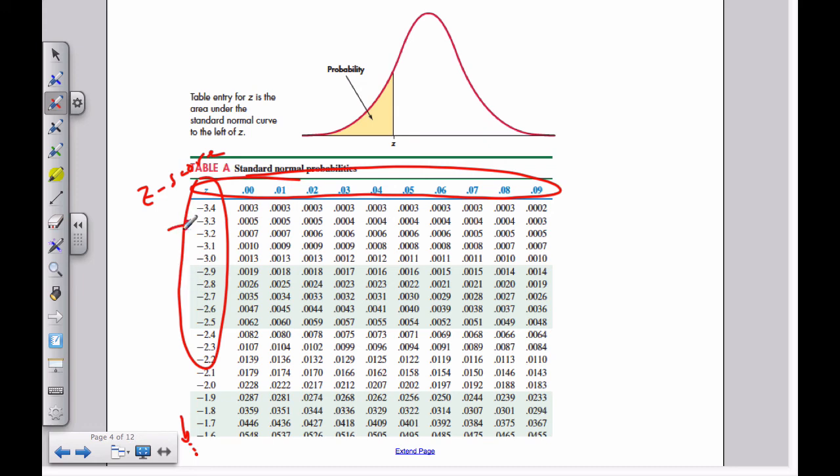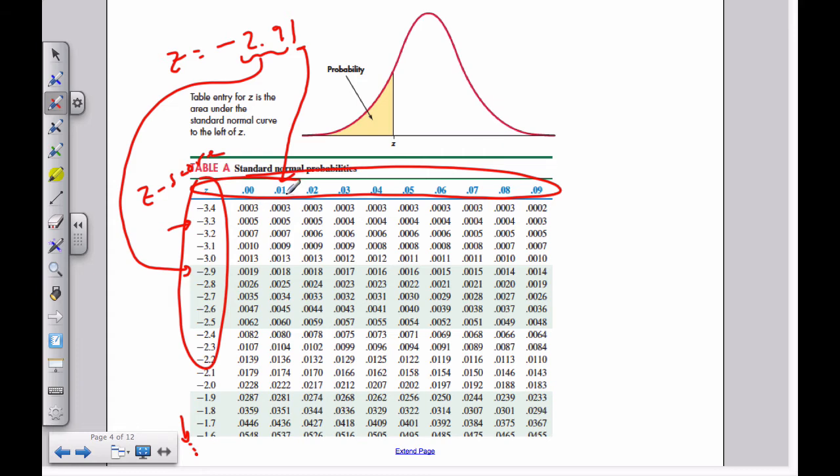So if I want to look up a z-score of z equals negative 2.91, then I would go to negative 2.9. These two numbers are what I look up here. And because 1 is in the second spot, I look up the 0.01.